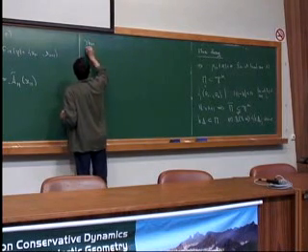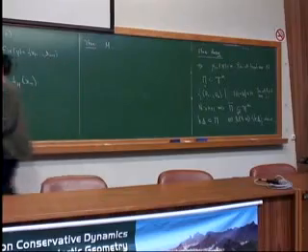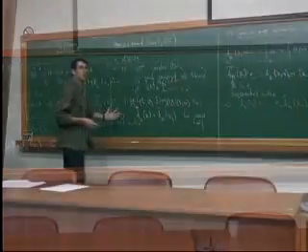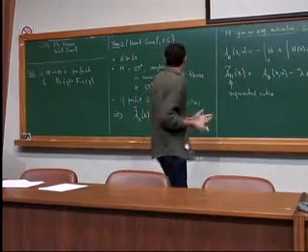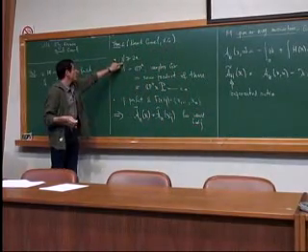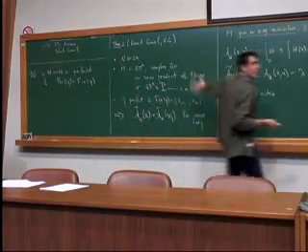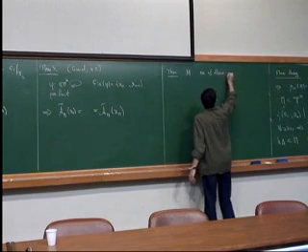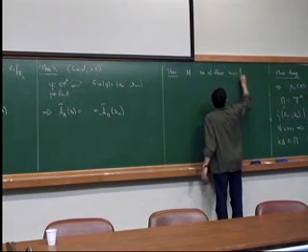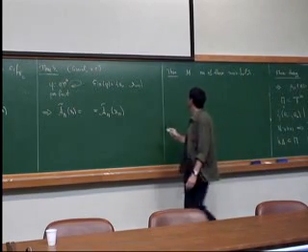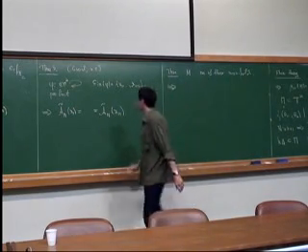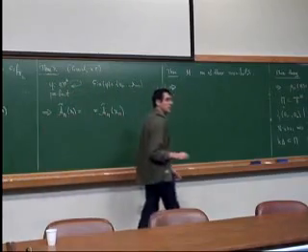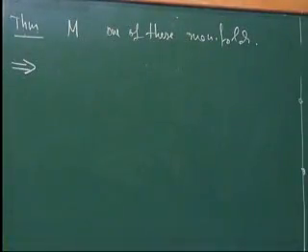Theorem. Let M be one of the manifolds these theorems apply to, either CPN or a manifold with the large first Chern class, or the Grassmannian, or one of these. Then the existence of infinitely many periodic points is C infinity generic.